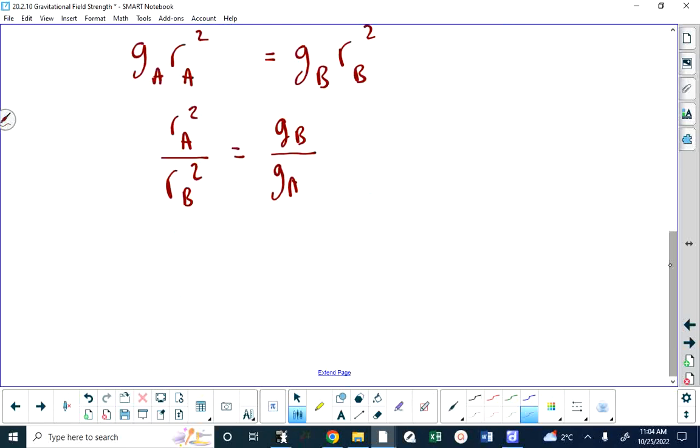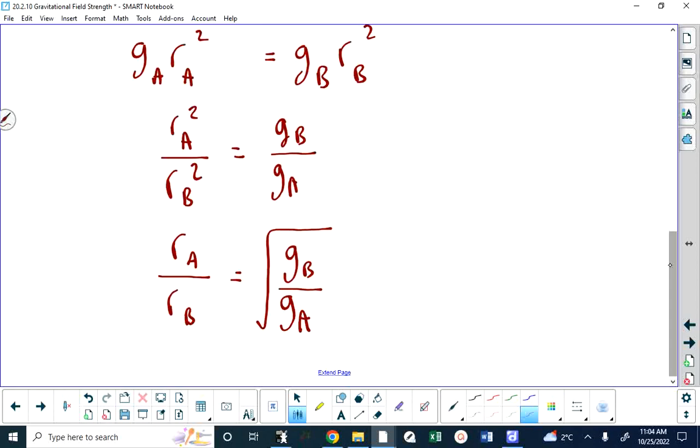And I hope you see that to go from RA squared over RB squared to just RA over RB, I'm going to have to take the square root of this. There is another way to do this, but it's not a really valid way. It's going to work all the time, and I'll show you in a second, but it's not a valid way to do it. Okay?